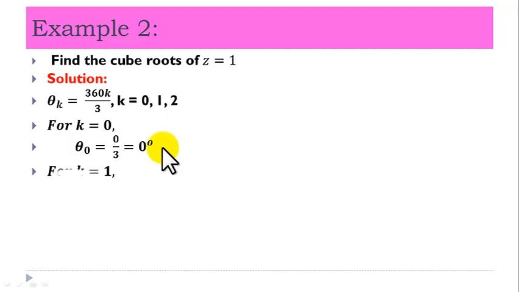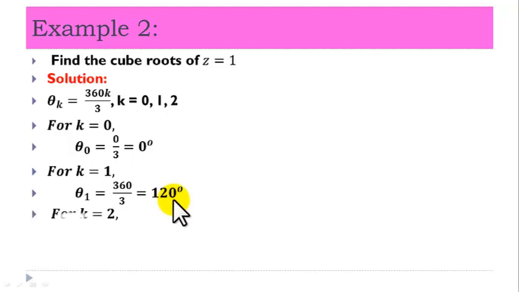For k equals 1, we have theta 1 equals 360 times 1 all over 3, which is equal to 360 over 3, and this is equal to 120 degrees. And for k equals 2, we have theta 2 equals 360 times 2 all over 3, which is equal to 720 over 3, and this is equal to 240 degrees.